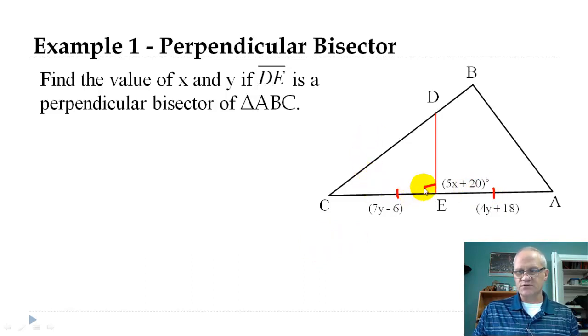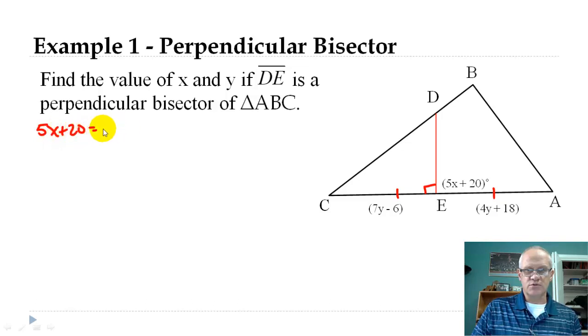First I'm going to start with x. Here, 5x plus 20 is referring to this angle right here, and we said this is 90. Well, this also has to be 90, because two 90s make a straight line, which makes 180. So we know that 5x plus 20 will equal 90. That's our first equation.